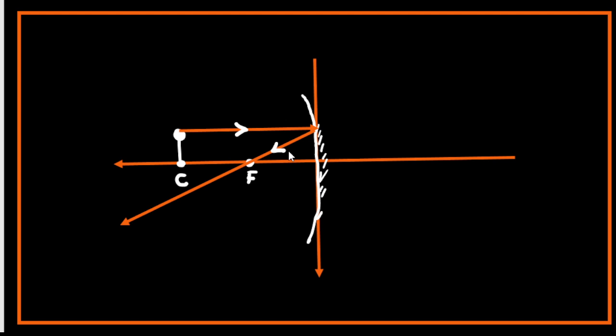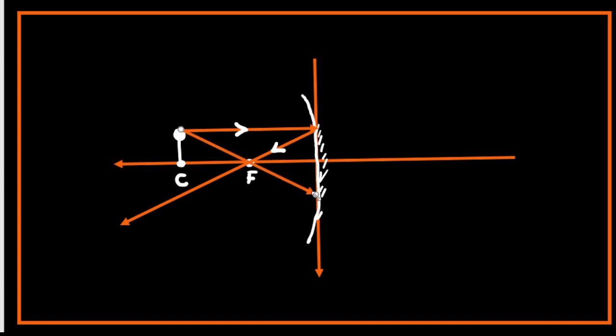For the second one, I can decide to use rule 3 if I want to, or rule 1, my choice. Let me use rule 2. So I'm about to draw another ray, but I want it to pass through the principal focus, also starting from the head of the object.